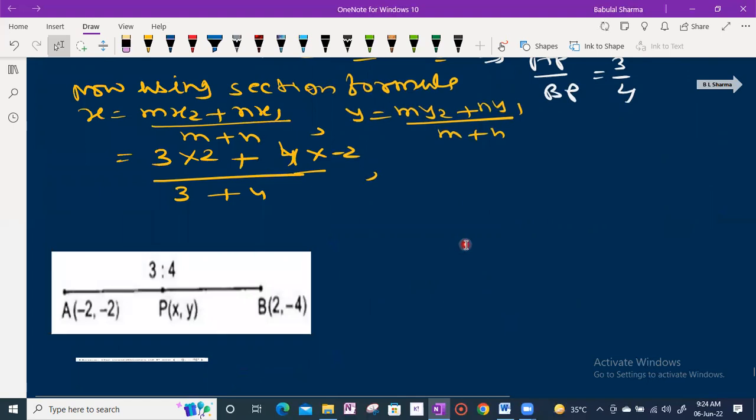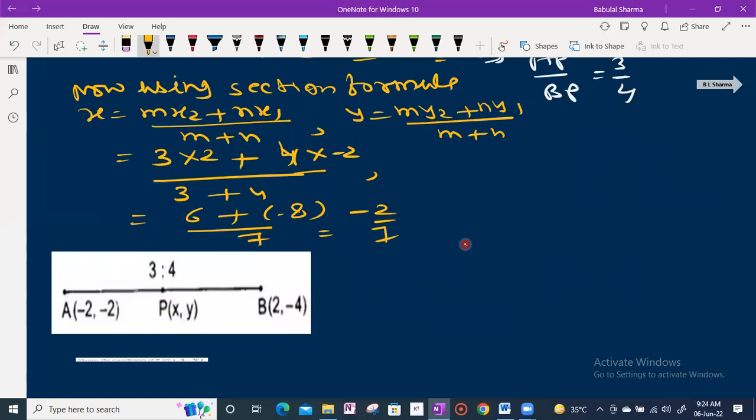See here. So that is 3 2s are 6 plus minus 8 by 7. It means minus 2 by 7. So x coordinate of this point P is minus 2 by 7. And now y coordinates.